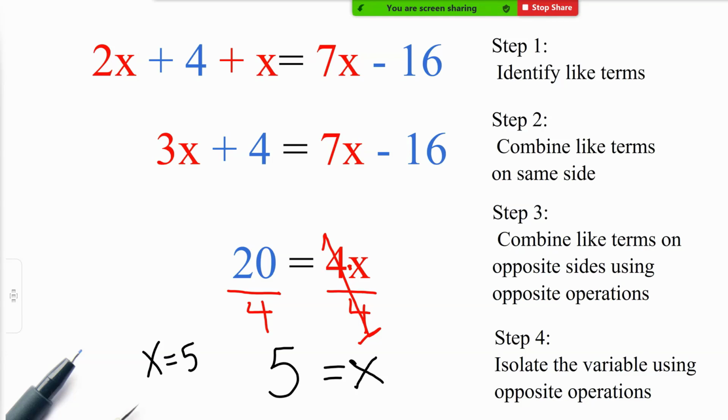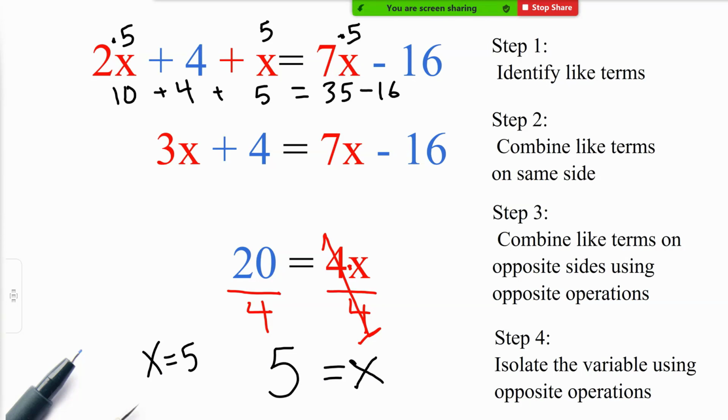Now this is the solution to this problem. If you took this problem and every time you saw x you put in the number 5, we can double check that we got this answer right. 2 times 5 is 10, plus 4 plus 5 will equal 7 times 5 is 35 minus 16.